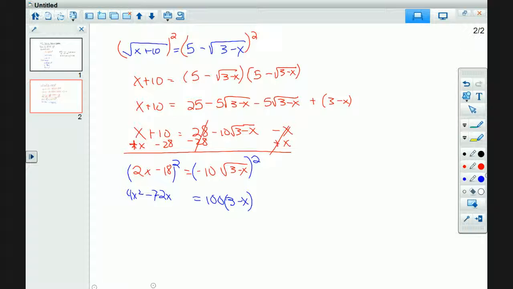18 times 18 equals 56. Oh, I see, 16 squared. Okay, back up that.